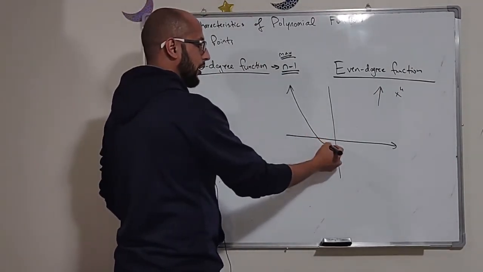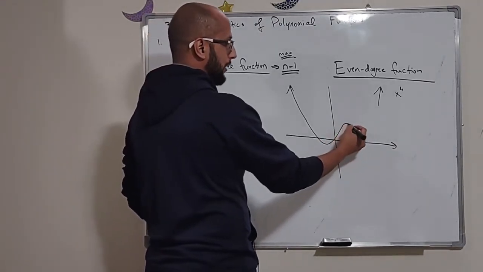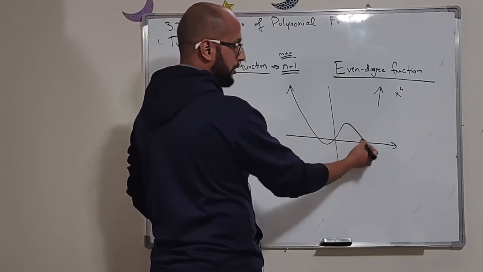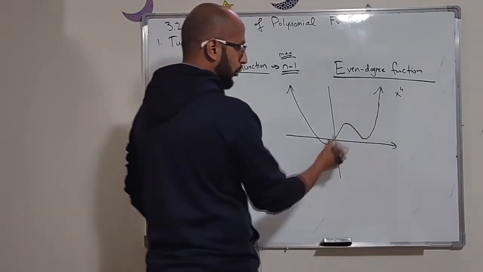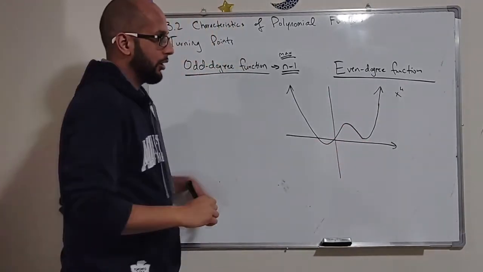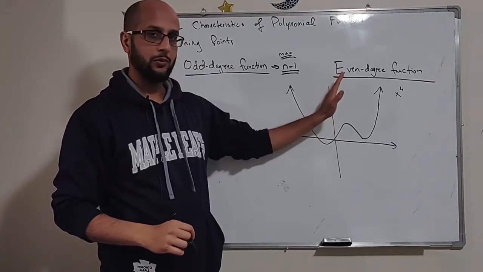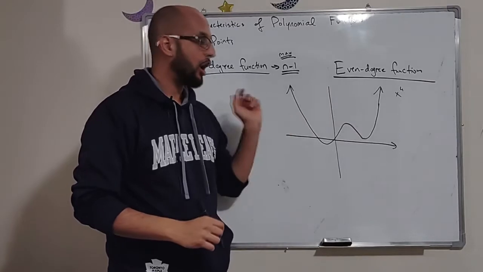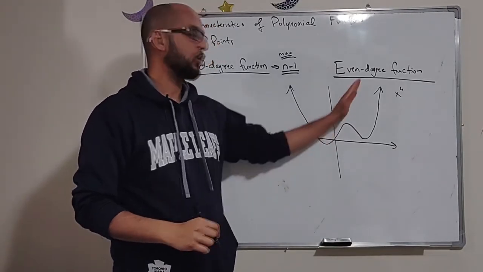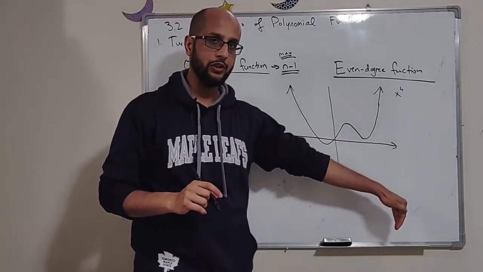It has to turn here, so that's 1 turning point, and it can turn down, so that's 2 turning points. But in order to get back here, it will have to turn up again. So 1, 2, 3. 1 turning point would turn it back towards the end behavior it needs to go to. A second turning point would turn it away. So the odd turning point goes back to where it needs to. The even turning point goes away from where you need to go.